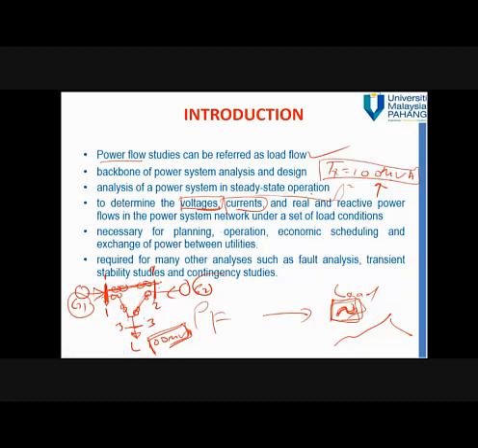In EPS, we didn't calculate power flow. In EPS, we just calculate I and V. But in this subject, we will calculate the value of the real power P and reactive power Q flowing in this line. Let's say P from bus bar 1 to bus bar 2, Q from bus bar 1 to bus bar 2.